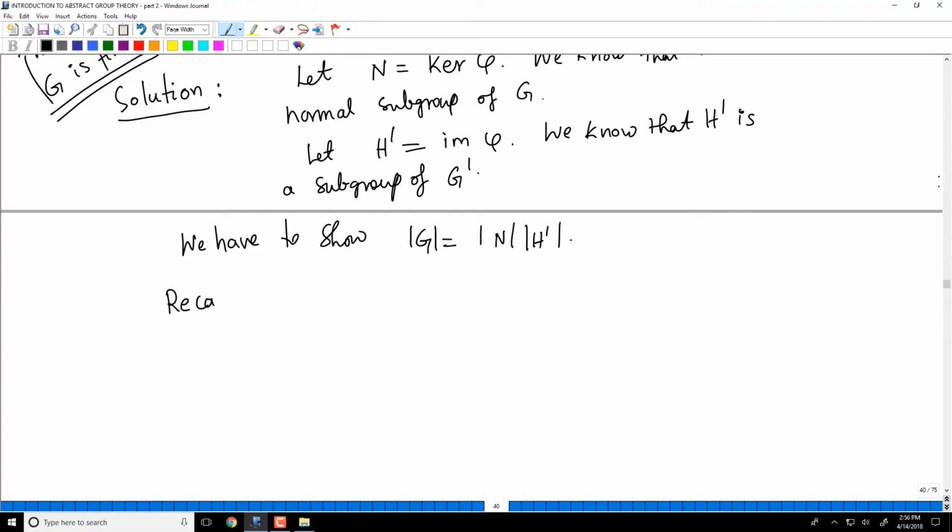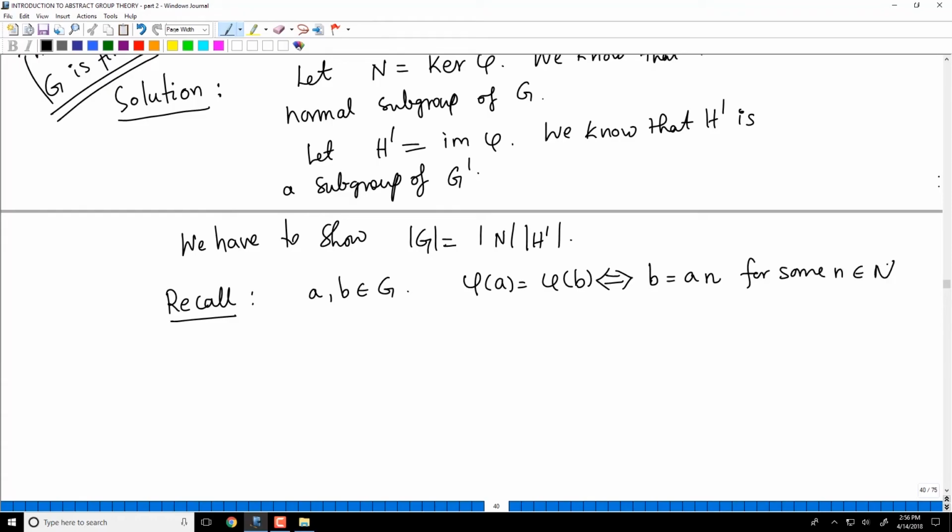Before I write that, I am going to recall for you: if A and B are in the group G, phi of A equals phi of B if and only if B is A n for some small n in N.